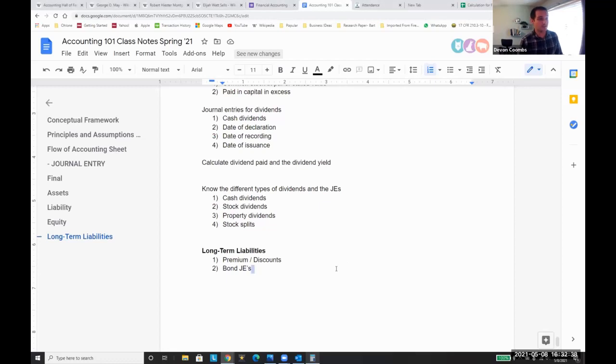I need you to be able to calculate the semi-annual interest payments on bonds. Don't get caught up. I might ask you to calculate the total annual or the semi-annual. So be careful. A lot of people, when they met with me for the midterm, a lot of it's attention to detail.